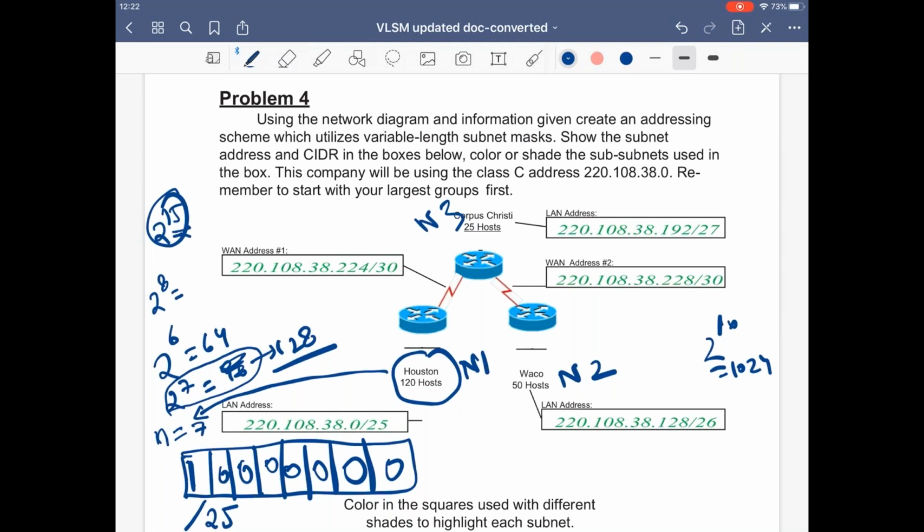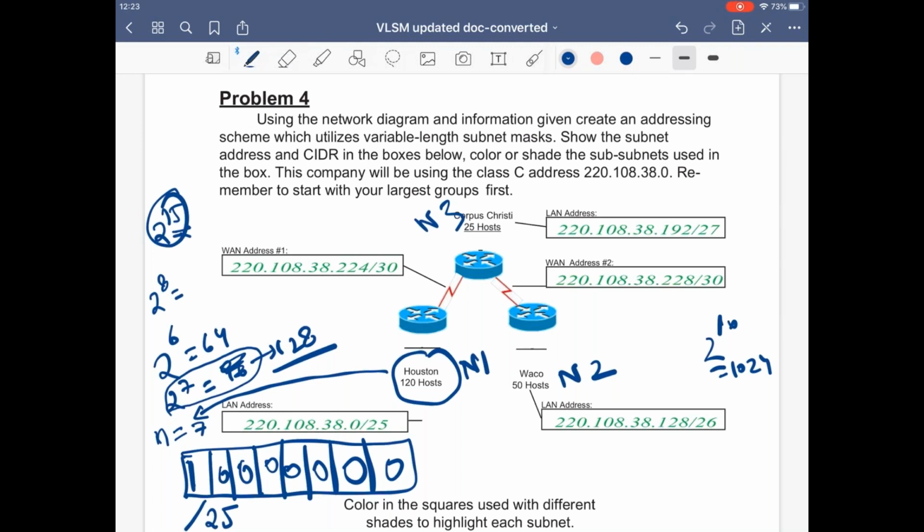So for network 2, the starting IP is 128 and the broadcast IP is 128.191. The subnet mask, or CIDR, is 26 because only the first 2 bits are on. This is for network 2.